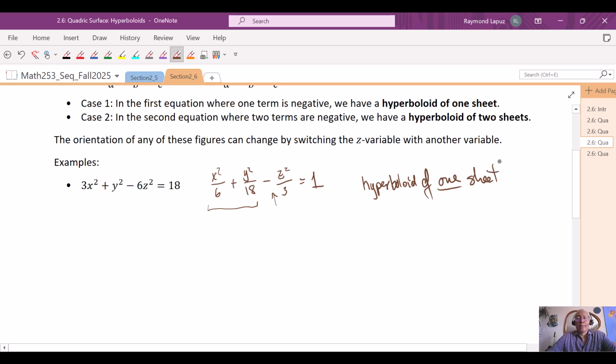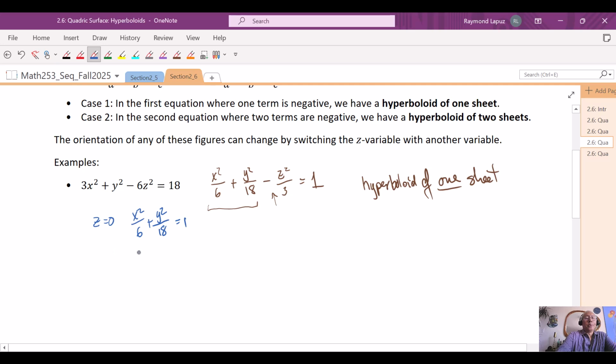And then what do those things look like in shape? Well, we can take a look at traces again. If we take a look at z values being equal to constants, starting with z equal to 0, we're going to get x squared over 6 plus y squared over 18 is equal to 1.